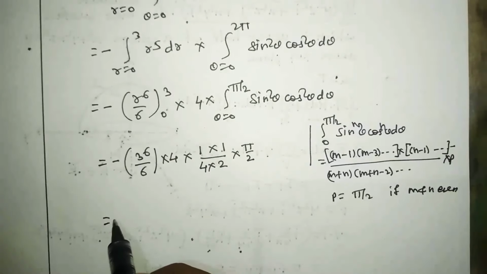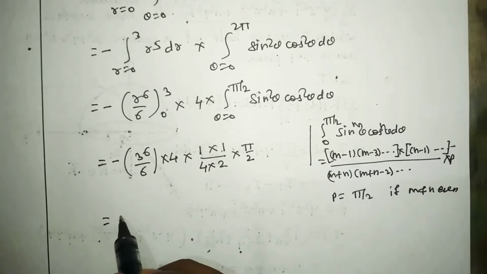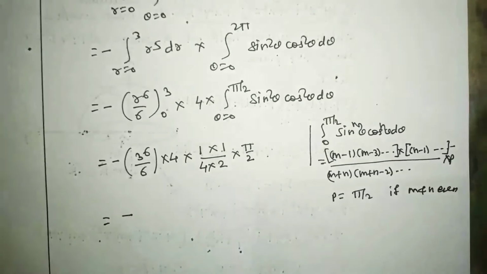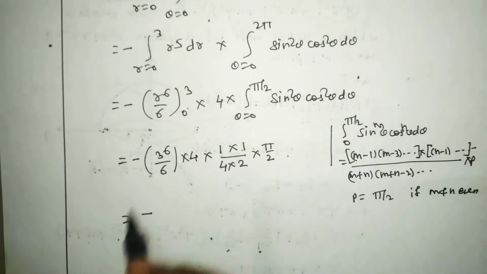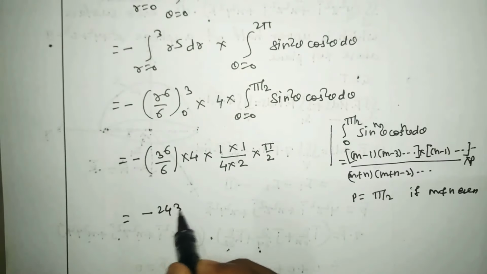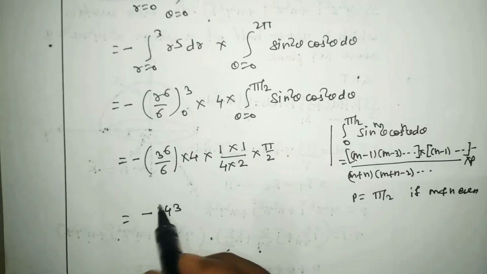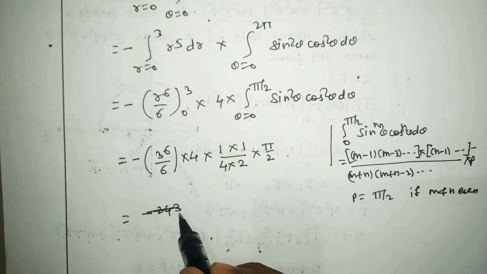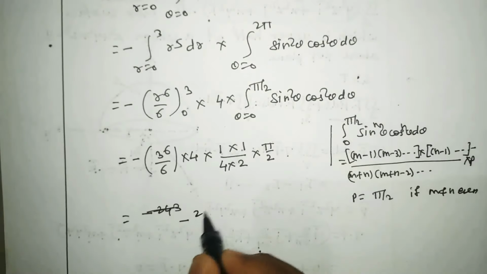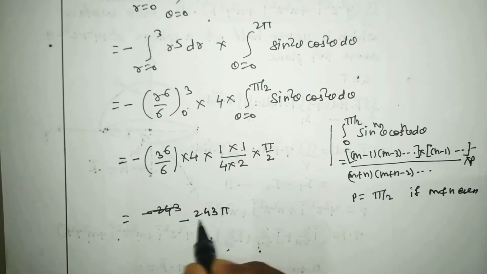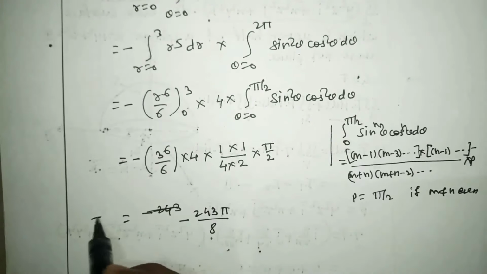Now this equals minus of 3 raised to 6, and after calculating we will get the answer minus 243 pi upon 8. We will get this value of I2.